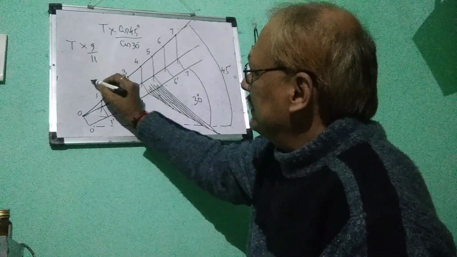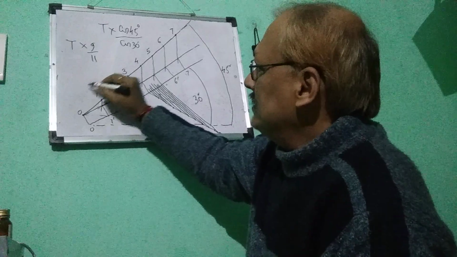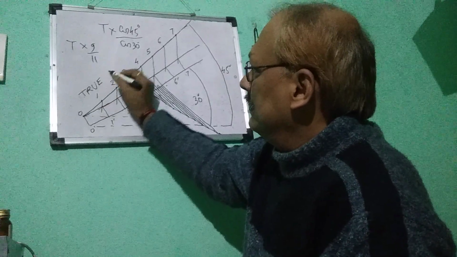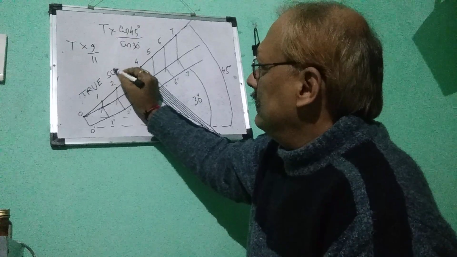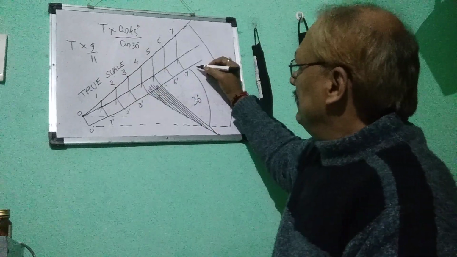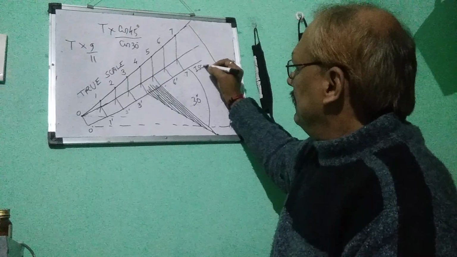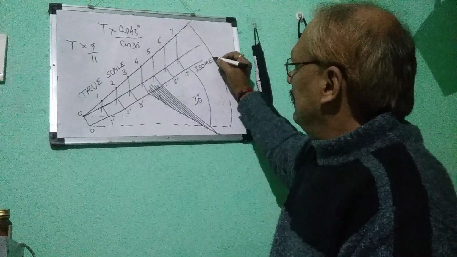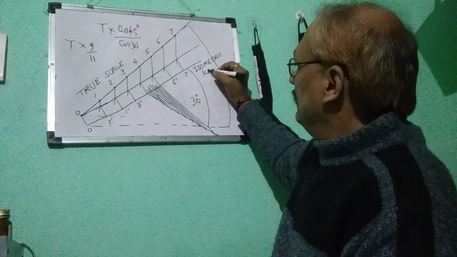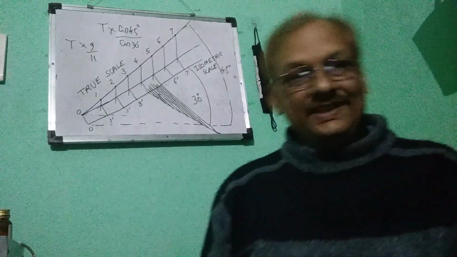This is the true scale. Like this also you could write. And this is the isometric scale. Okay, thank you very much.